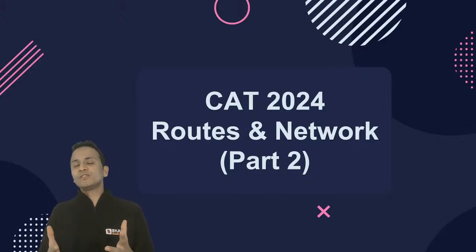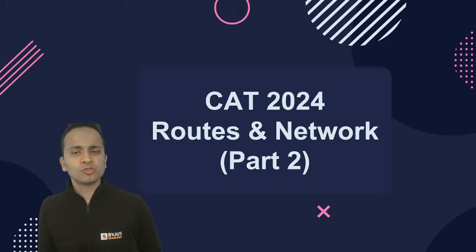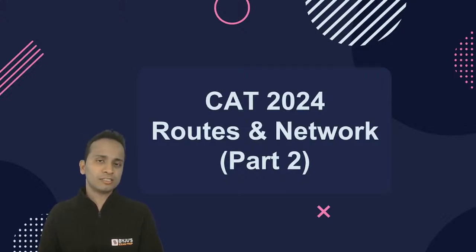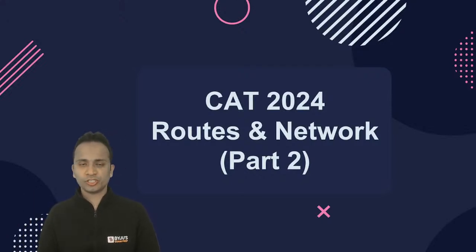Two were very easy, and for the remaining two, the majority of the students who appeared for this examination must have marked a wrong answer. Okay, so let's get into this set.